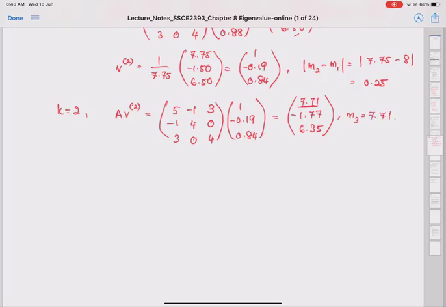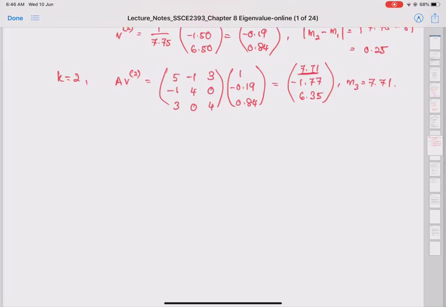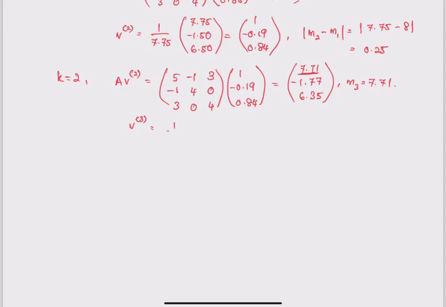And then we can calculate our eigenvector number 3, which is equal to 1 over M3. Our M3 is 7.71 multiplied by A multiplied by V2, 1, negative 0.19, 0.84, and if we do this, we will get 7.71, 1, negative 0.223, 0.82.